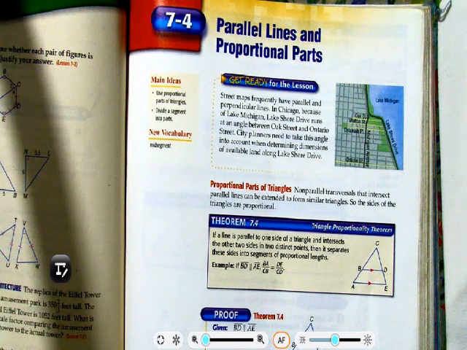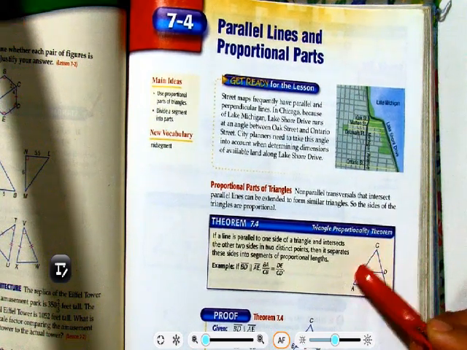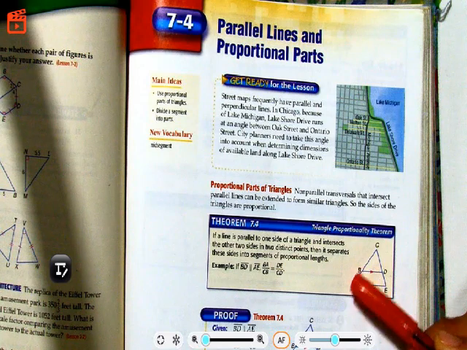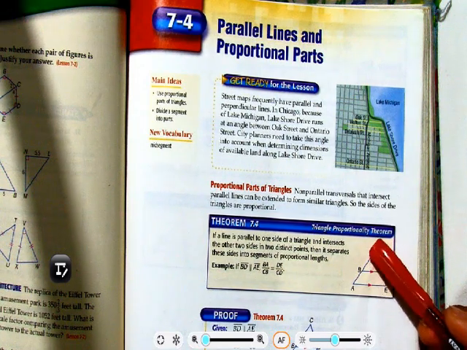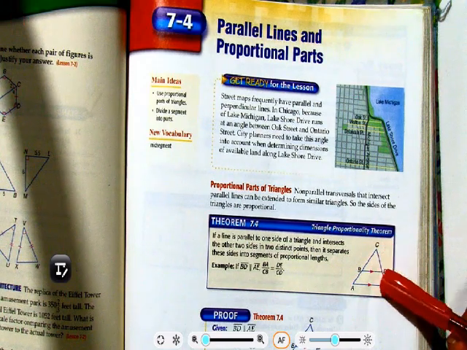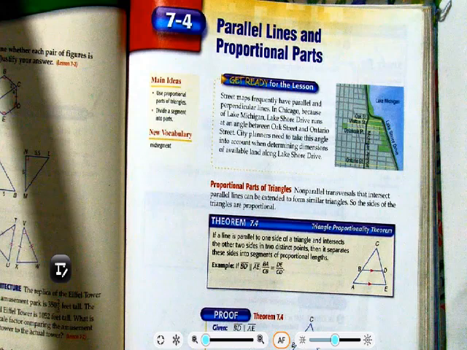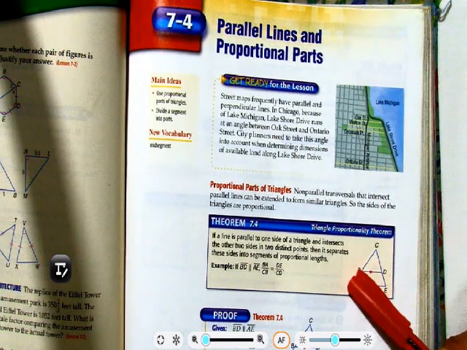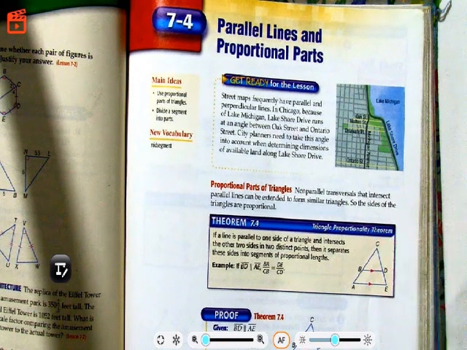In simple words, this line makes these segments, CB and BA, and these two segments are proportional to these other two segments, CD and DE. When we say they are proportional, that means the ratio you make here is equal to the ratio you make on the other side of the triangle.